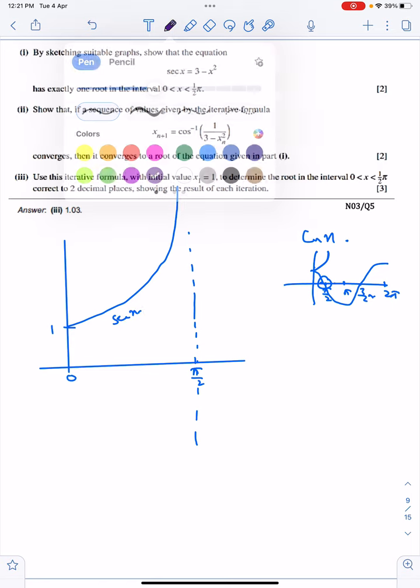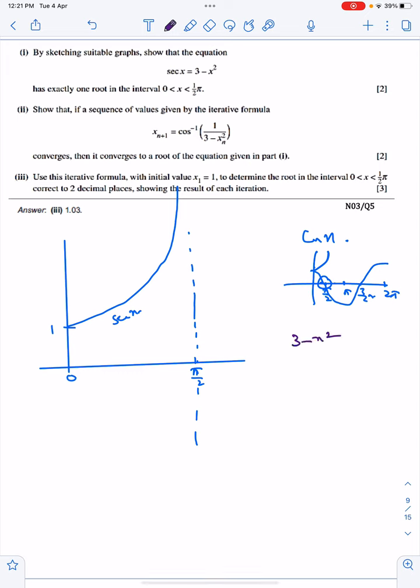Now I have to draw the graph of 3 minus x square, and the two values which I am taking for x are 0 and pi by 2 only. So 3 minus 0 square is going to give me 3 only. So if x is 0, y is 3. Another value which I am taking is pi by 2.